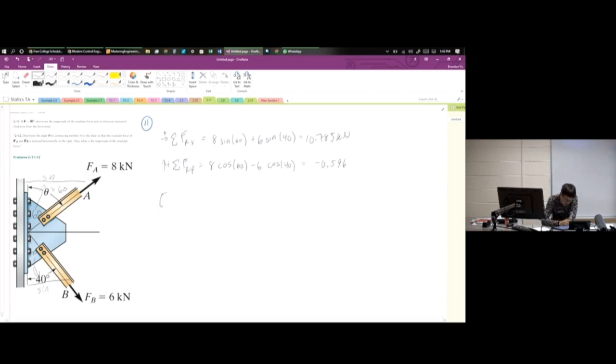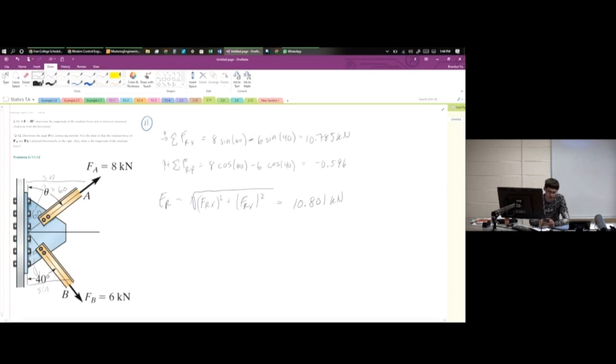You would do FR equals the square root of FRx squared plus FRy squared, right? That's going to be 10.801 kilonewtons. Minus 6 sine 40? What happened? For which one? Oh, yes, you are correct.